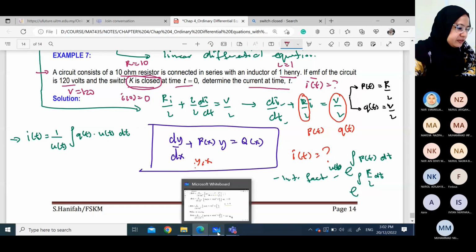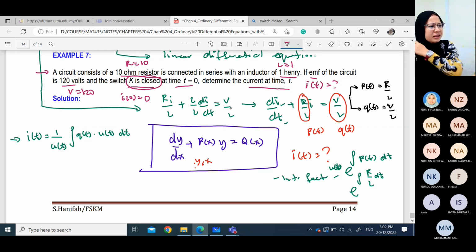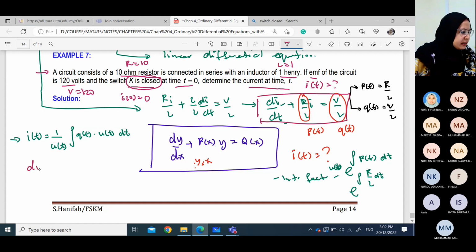Okay, so kita selesaikan. So kat sini, based on this formula, Ri over L plus L over L, kita guna yang ini. So this one we have di dt plus R over L. So R here is 10, 10 over L, L is 1.